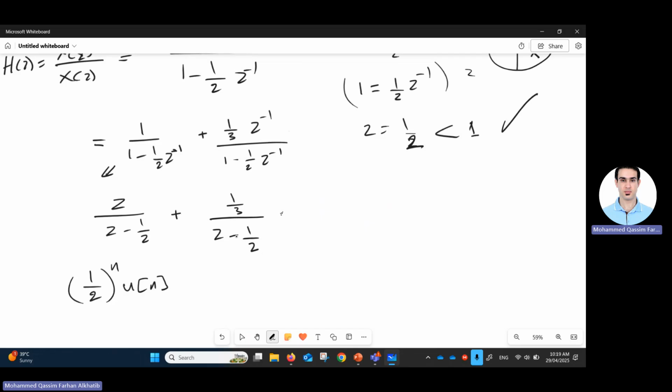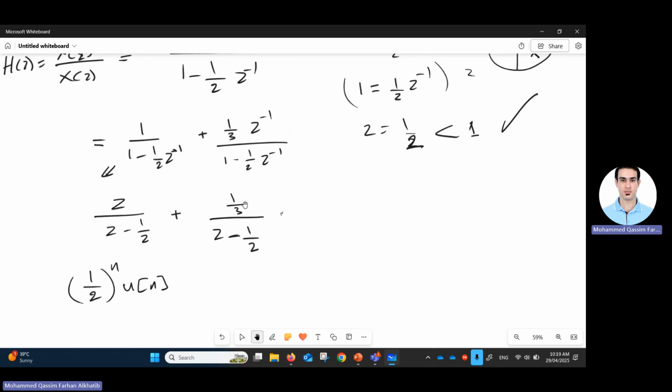You cannot distribute the denominator to the numerator. Is that what you mean? Like partial fraction expansion? What will be the other term?